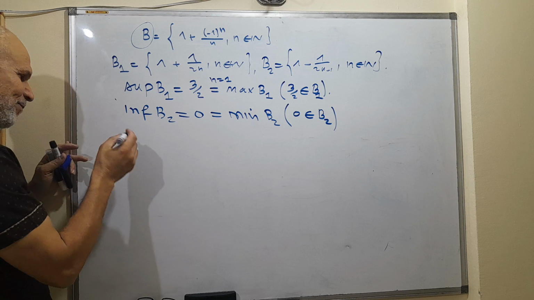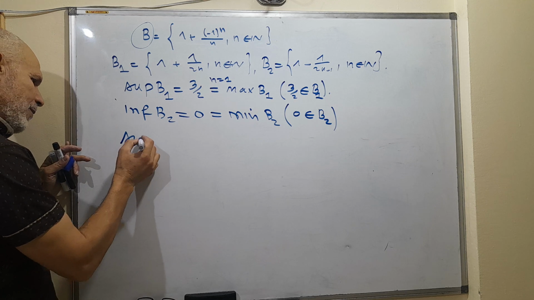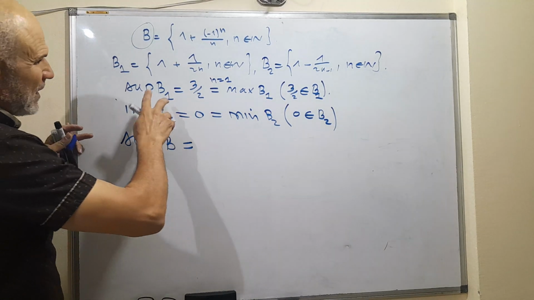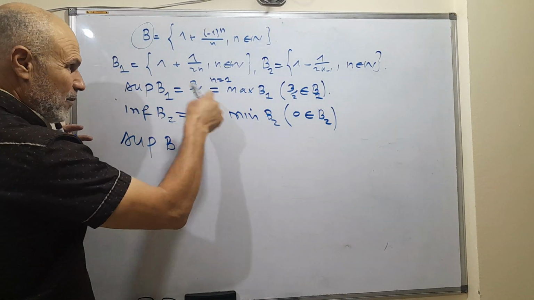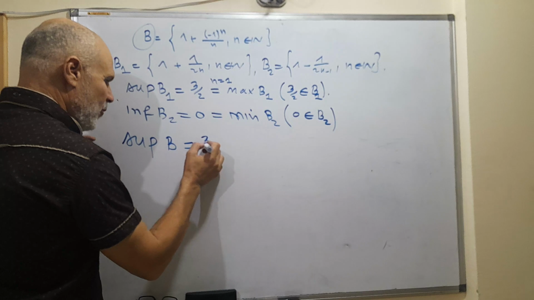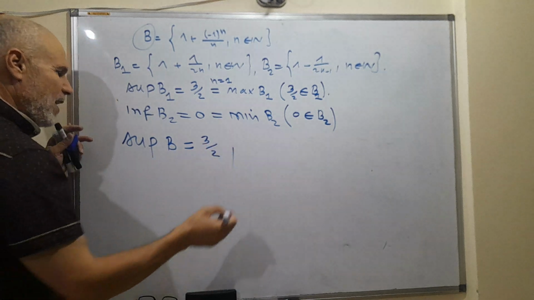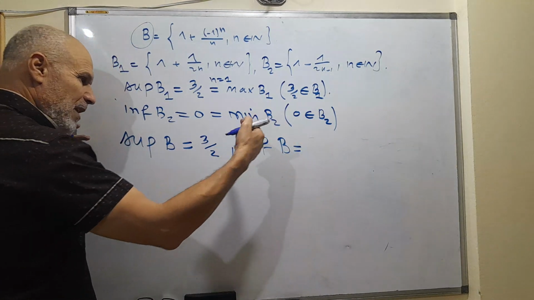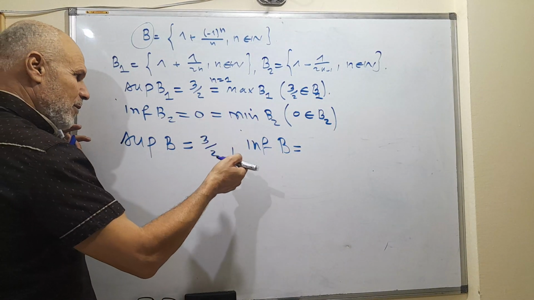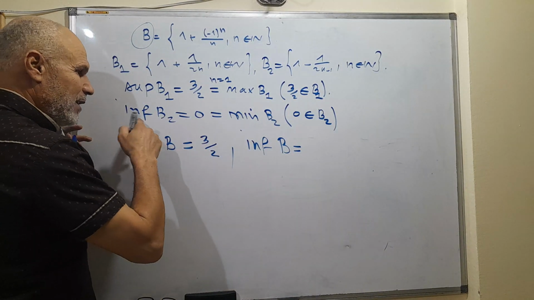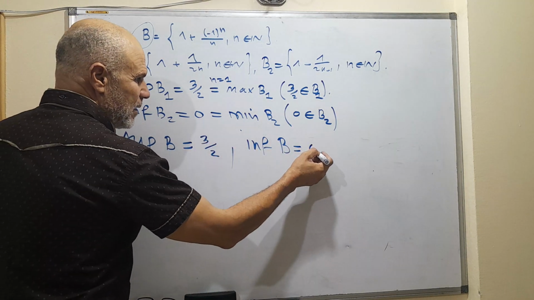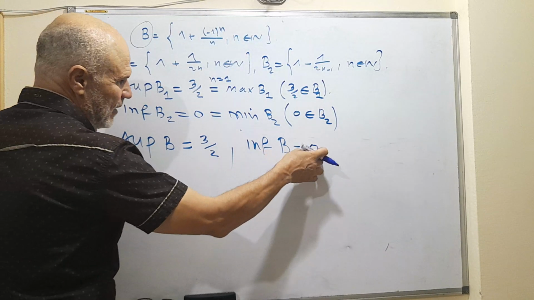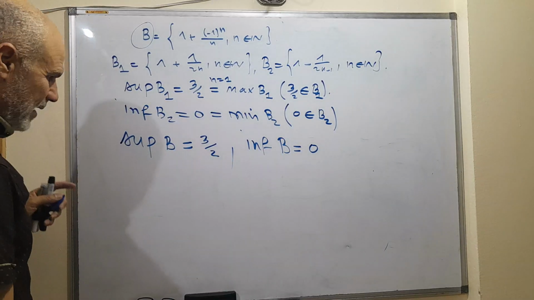It's about B. The supremum of B is equal to the maximum of the 2 suprema, and we proved that this is true. And the infimum of B is the minimum of the 2 infima, and this is equal to 0.